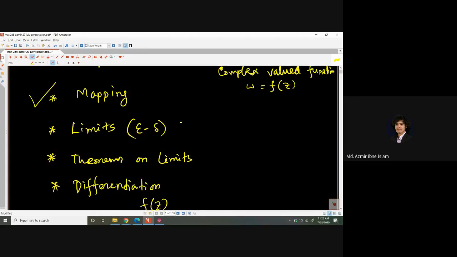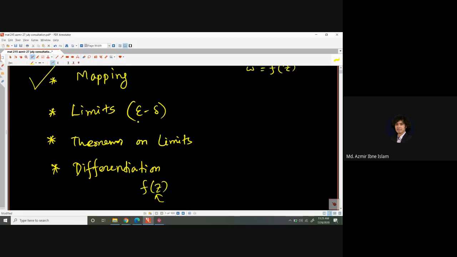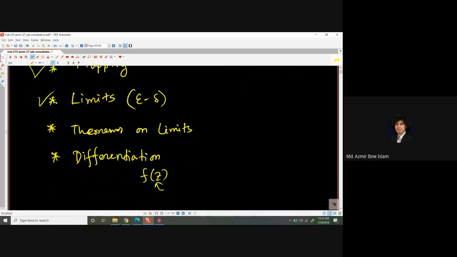Here we have the epsilon delta definition. The first definition coming is epsilon delta, but I think for this quiz the proofs will not be included, so you can skip this epsilon delta form, but still I will try to discuss it here.